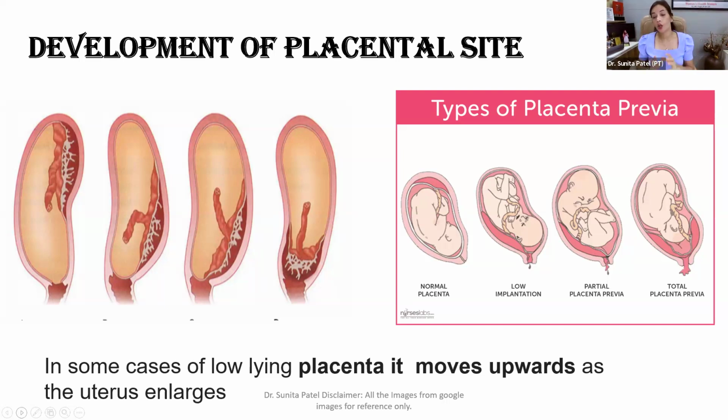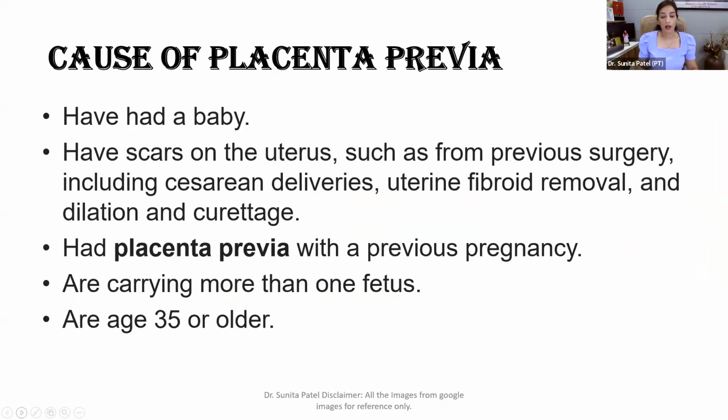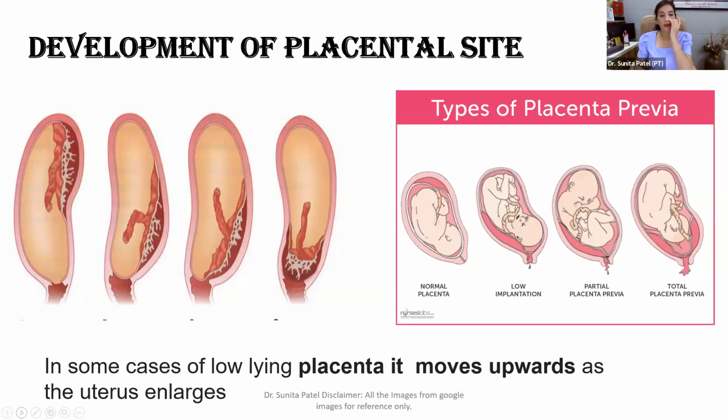When we are talking about a low-lying placenta, that can shift upward as per the growth of the uterus. But partial placenta previa and total placenta previa can be an issue, and there will be no shifting upward.